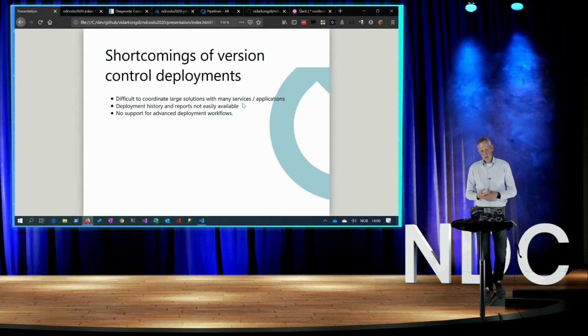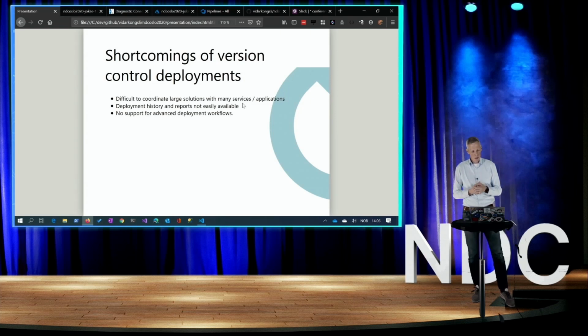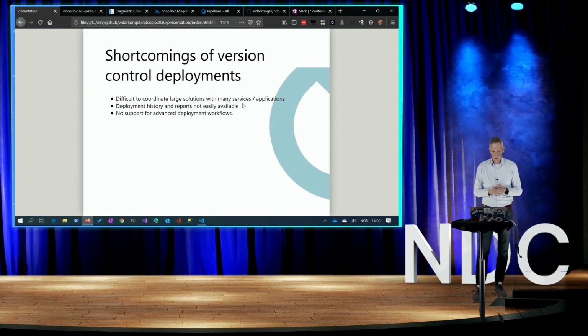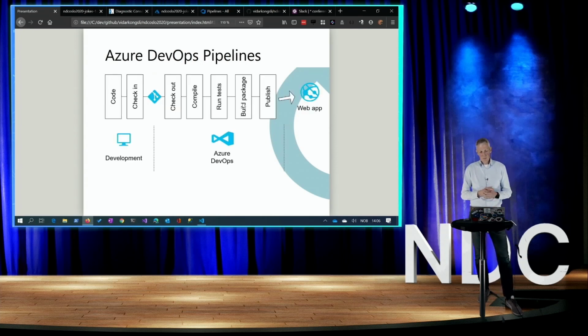But some of the shortcomings here are that this is not very visible. The history of the deployments to a certain web application is available, but it's not really easily available, and having reports is somewhat difficult. So let's have a look at the second option, using DevOps pipelines.